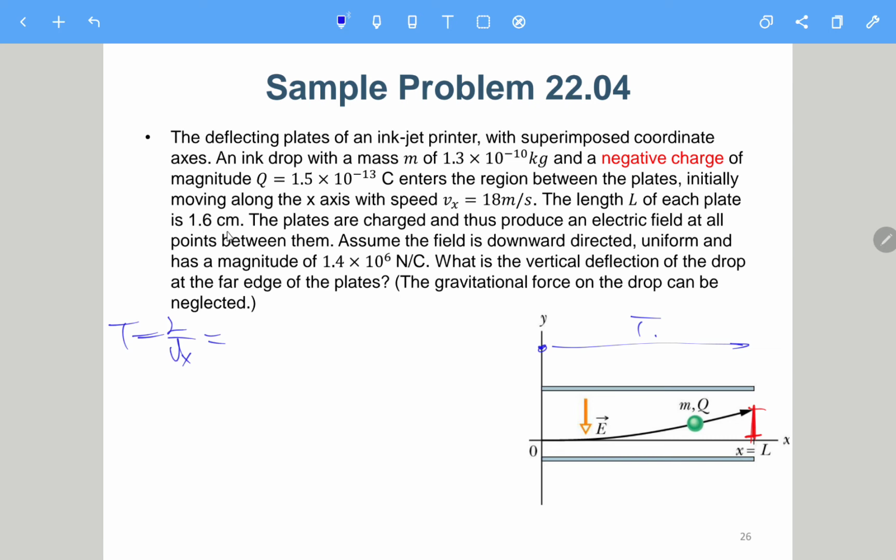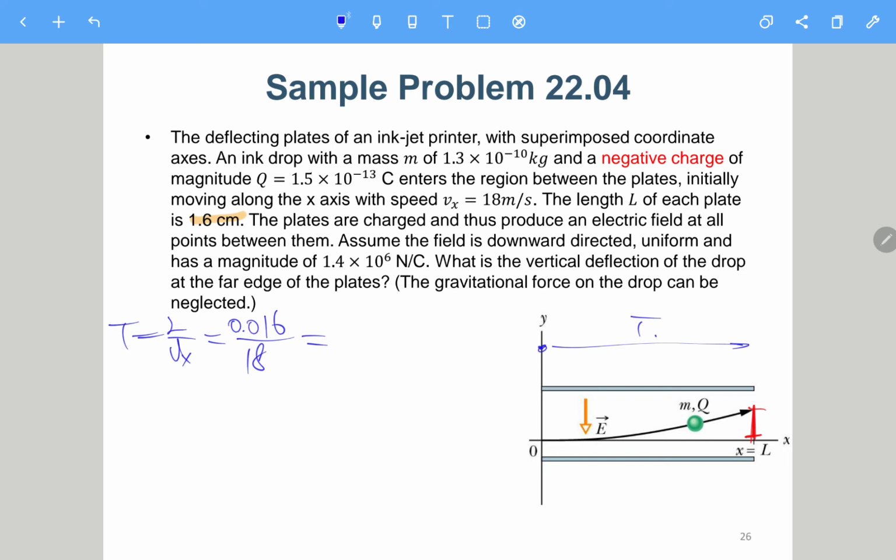L is 1.6 centimeter. Of course you should be careful about the unit. The SI unit should be meter rather than centimeter, so we should convert it back to meter. 0.016 over 18 meter per second.